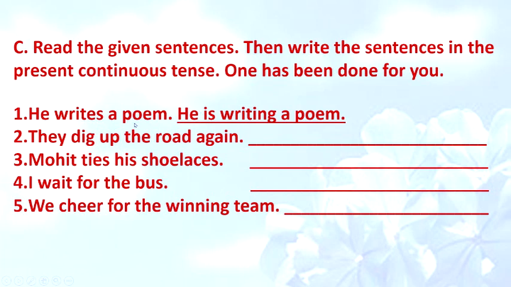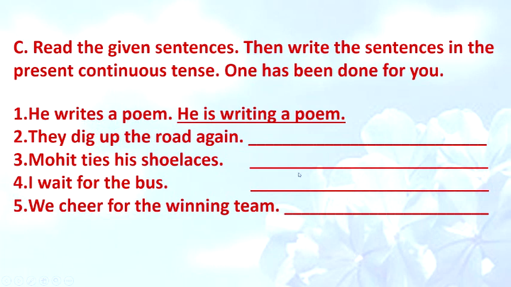Now students, these sentences, they are in which tense? He writes a poem. Yes, it is in simple present tense. And we have to change. One example is given to you. He is writing a poem. So you have to change all these simple present sentences and write them in your present continuous tense.